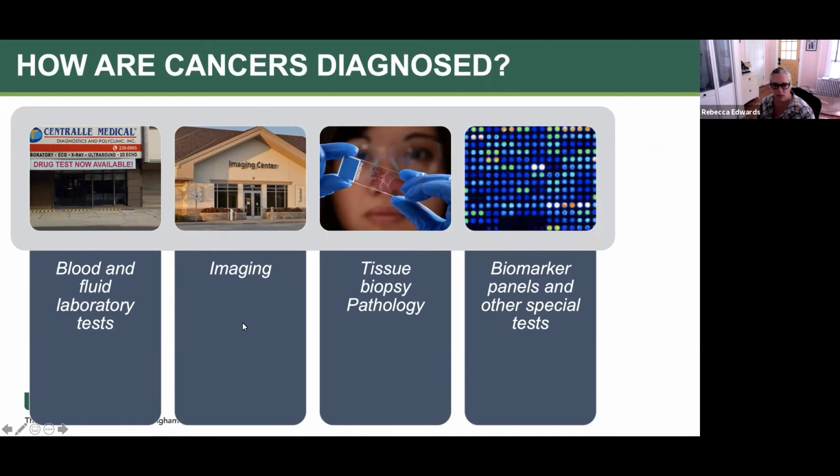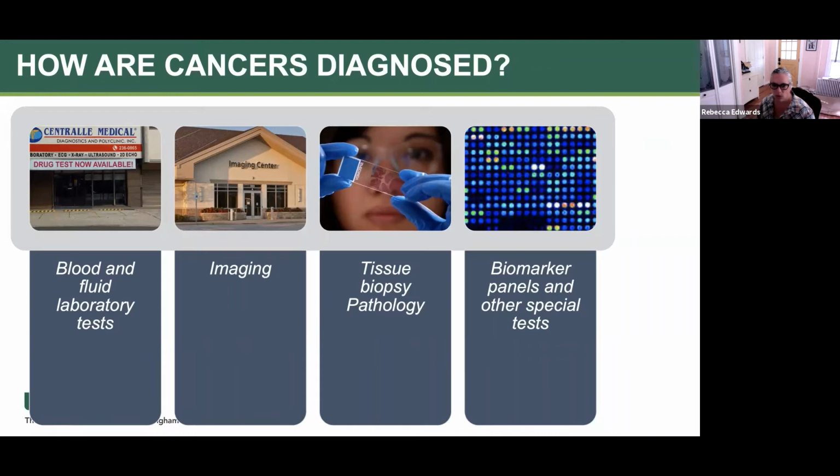A cancer is never definitively diagnosed until cancer cells are detected in a tissue biopsy or even a fluid biopsy. So this can be cytology or pathology. So even though you may see a nodule or see a mass on imaging, until you actually have that tissue biopsy and pathology has been carried out and a cell type has been determined, there's never truly a cancer diagnosis that is definitive.